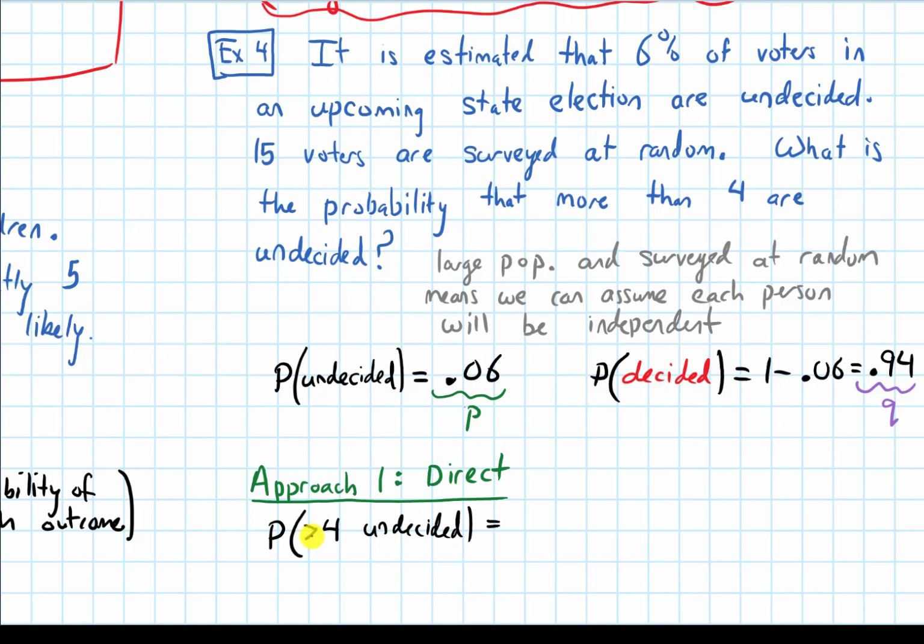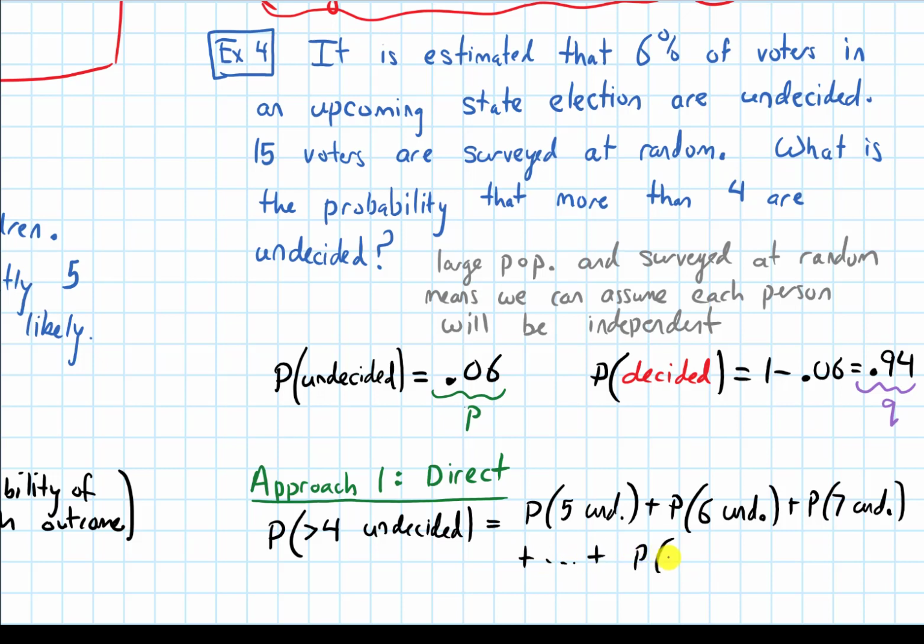If there's more than 4 undecided voters, that means there can be 5 undecided, or 6, or 7, all the way up to 15, because we're surveying 15 people. So we would have to find the probability that there are 5 undecided and add that to the probability that there are 6 undecided, plus the probability of there being 7 undecided, plus ... plus up until probability of 14 undecided, and finally plus the probability of 15 undecided.